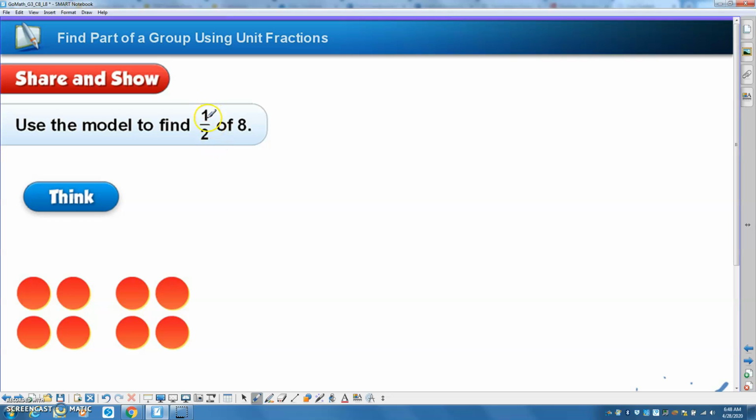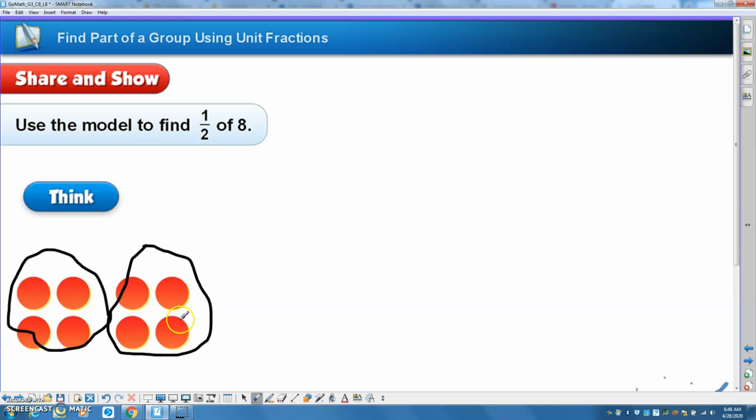Okay, so if we want to show one of those groups, we're going to circle 2 equal groups. So here are my 8 counters. Here's one group. That's not a good circle, but there's one group of 4 and another equal group of 4. So I have my 2 groups. They each have the same number, 4 here, 4 here.